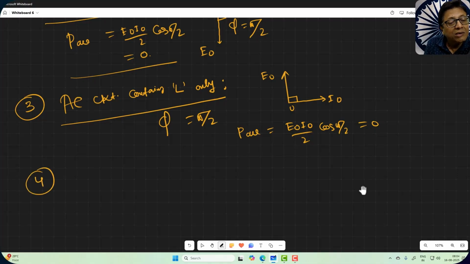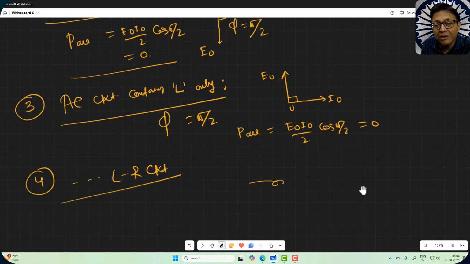Then we consider LR circuit. For LR circuit, inductor and resistor, I just remind you the value of phi here.